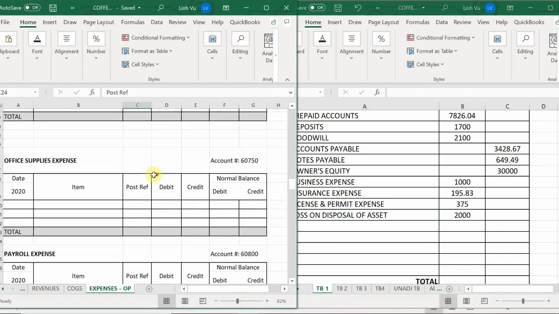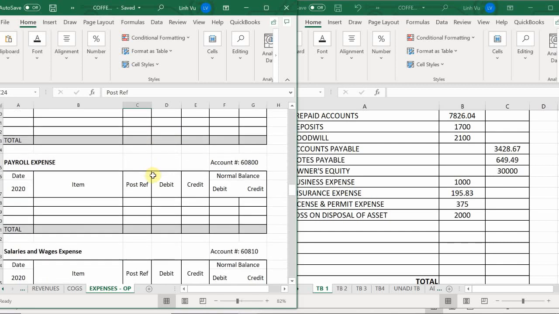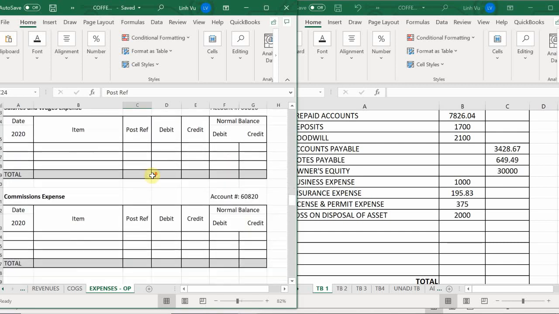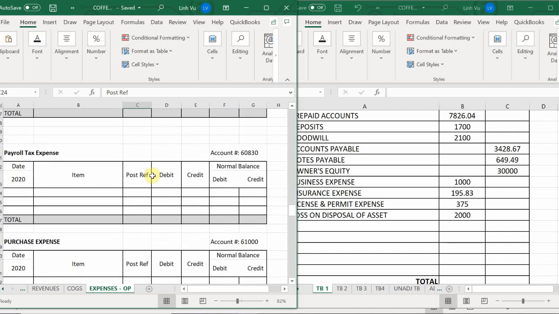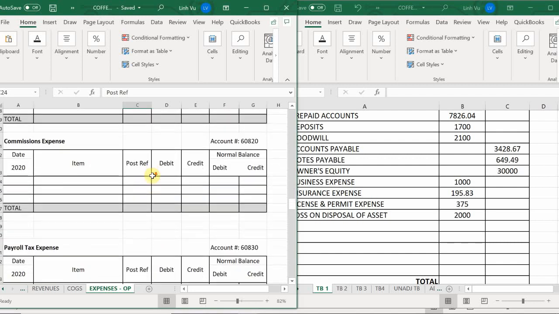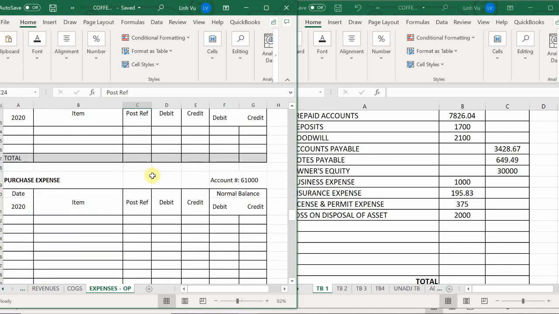Office supplies expense: we haven't bought office supplies, so there's no expense there. We don't have any employees for payroll. We didn't sell or purchase any inventory, so no purchase expense.